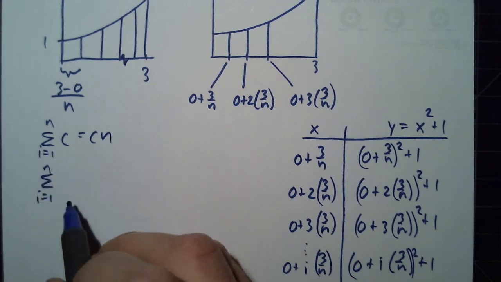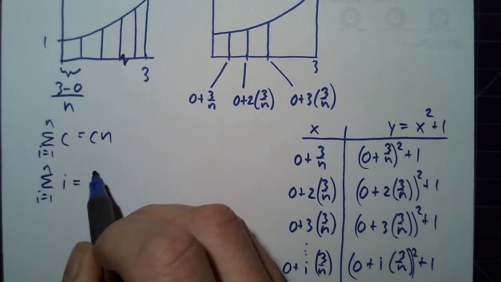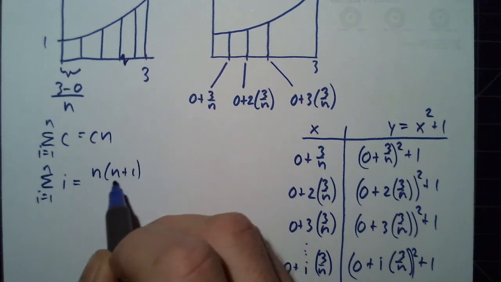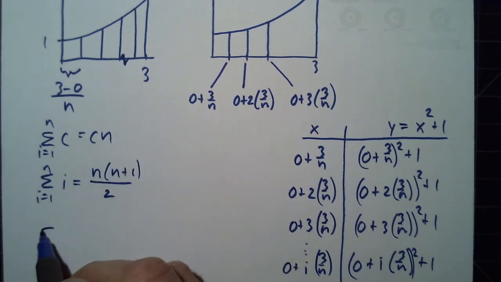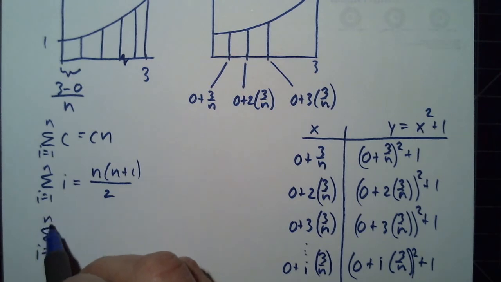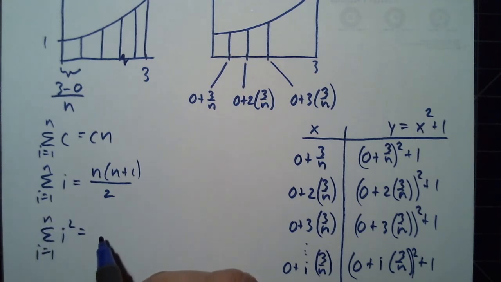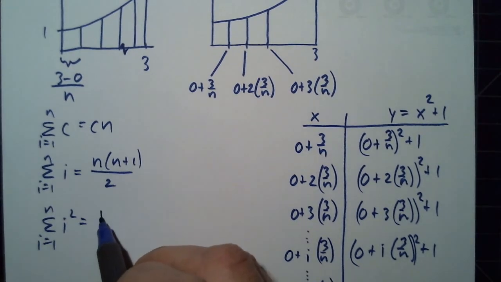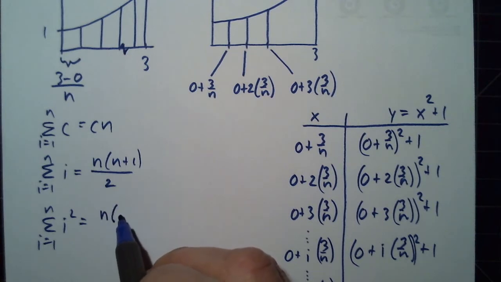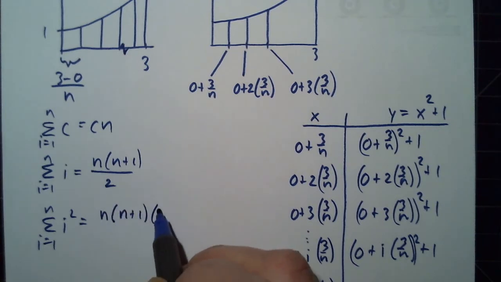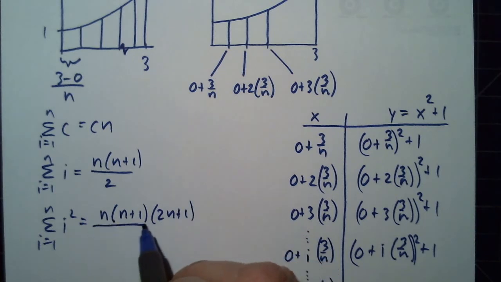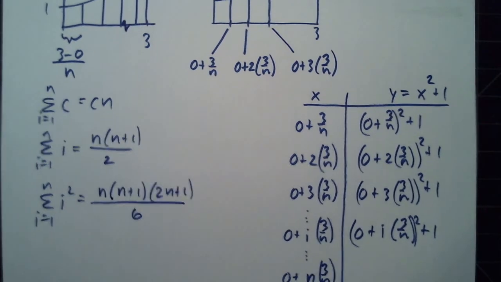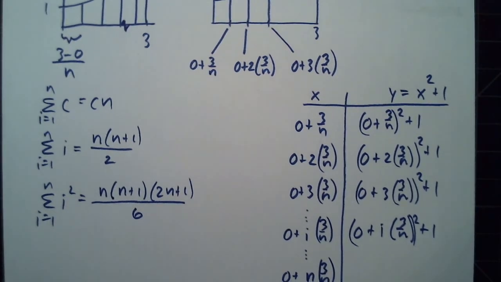If we go 1 to n of i, it's going to be n times (n plus 1) over 2. If we go from 1 to n of i squared, we have n times (n plus 1) times (2n plus 1) over 6. And there's one for i cubed, but we don't need it for this problem, but we saw that in the previous lesson.